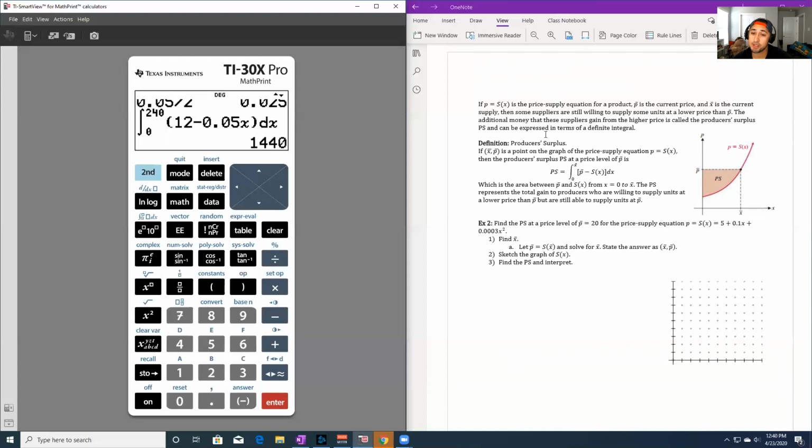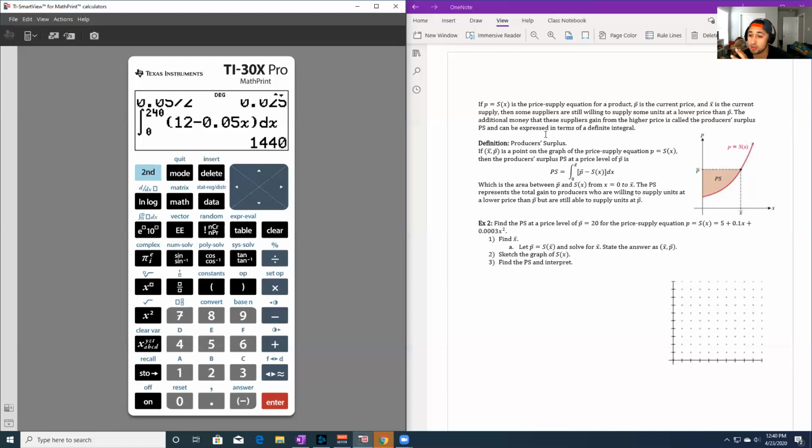The producer surplus represents the total gain to producers who are willing to supply units at a lower price than P bar, but are still able to supply units at regular price, P bar. So there you go.